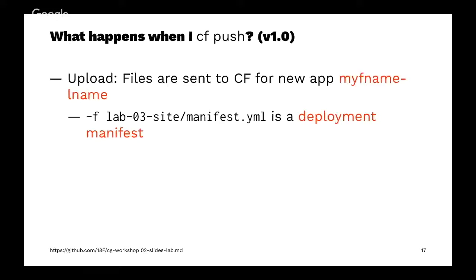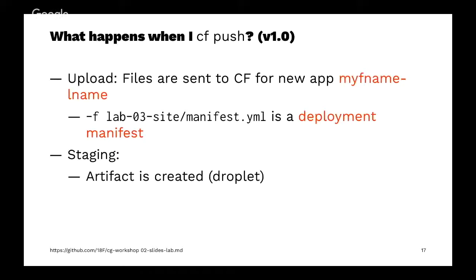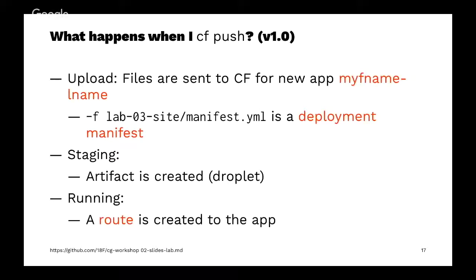First, the Cloud Foundry command line will load the files that you have in that directory to cloud.gov based on what's in your deployment manifest. There's then a staging process where an artifact is created that's called a droplet. And then when that's executable, it is running, and a route is created to the app.